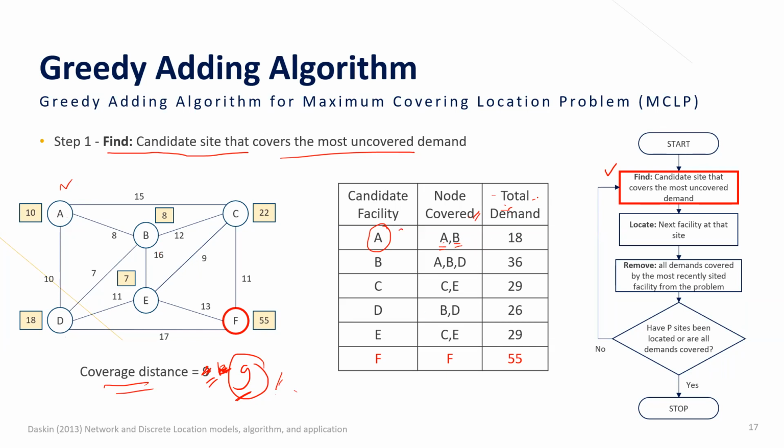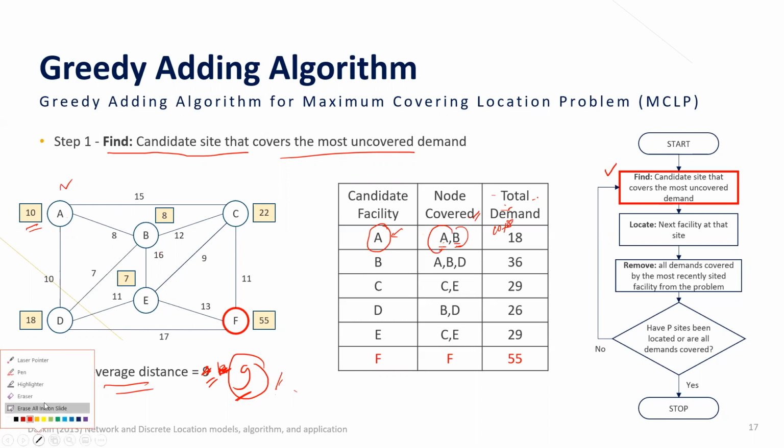Then if you open A, what does it mean? If you open A, you can cover demand from A and B. So the demand in A is 10 plus the demand in B is 8. The total is 18. So that is the total demand that you can cover given you open a candidate facility in A.